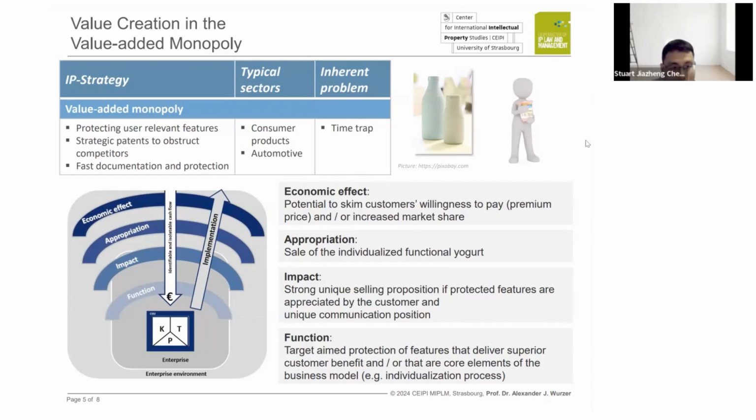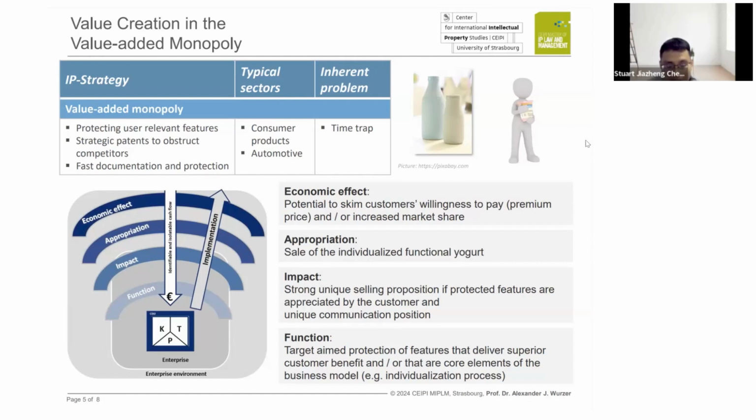Then I will explain the value-added monopoly from the direction of implementation. First, the functions. The value-added monopoly is targeting to add value to their product. This would stop the access of other imitators to their customers.